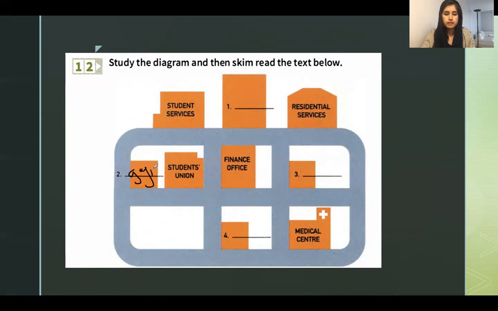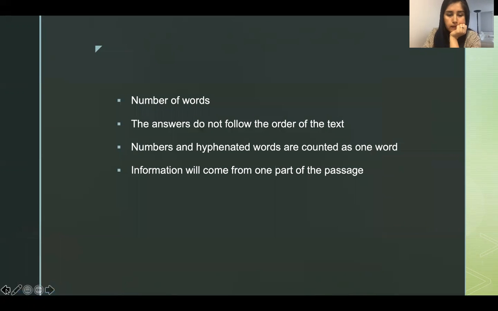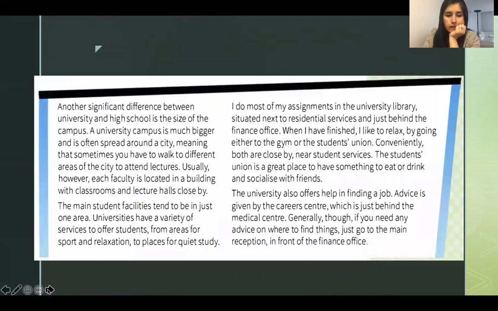Okay, so this one is the gym, and then the third and fourth one will be here.